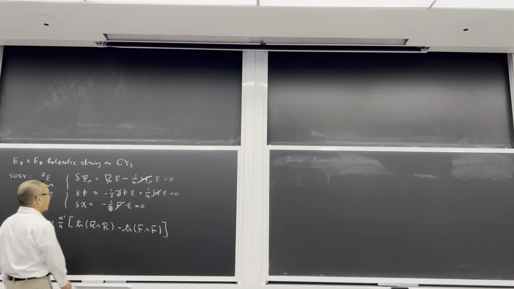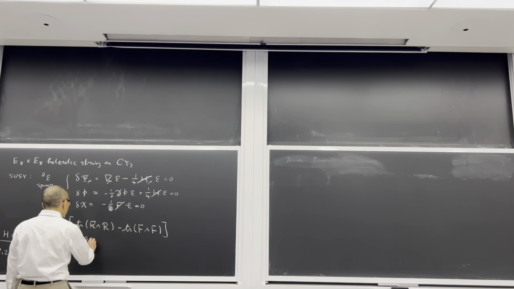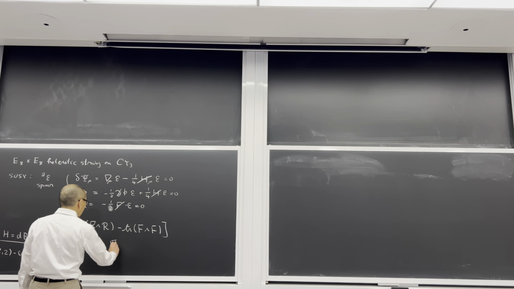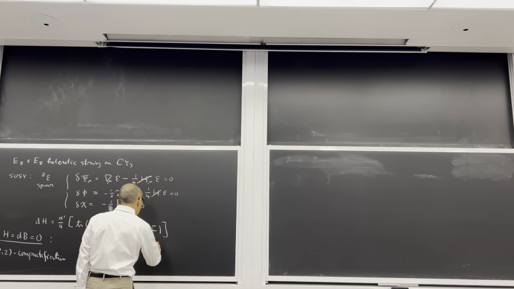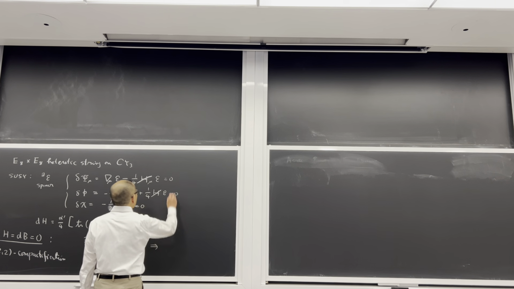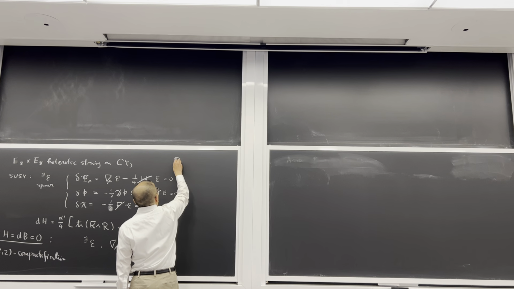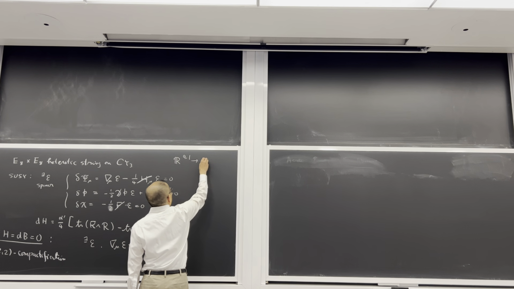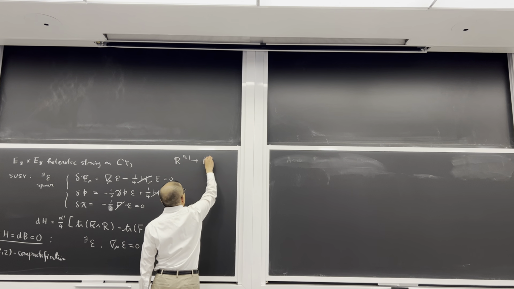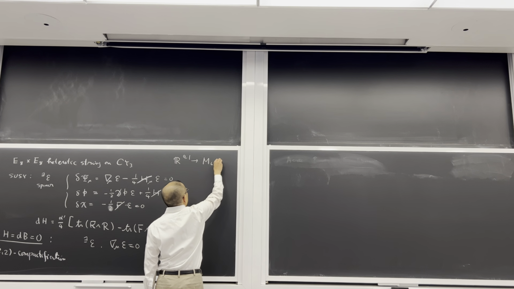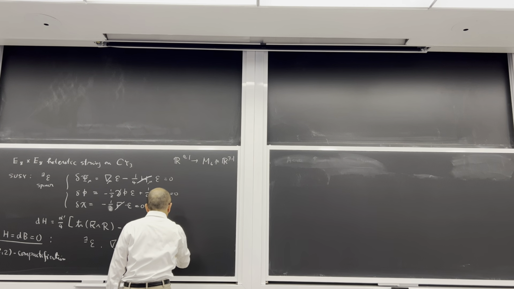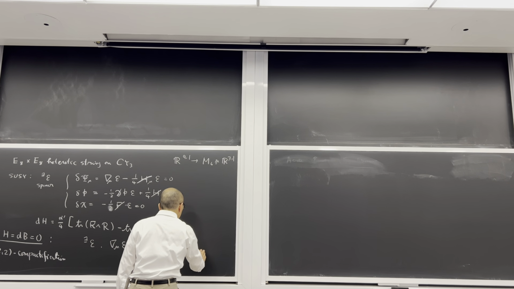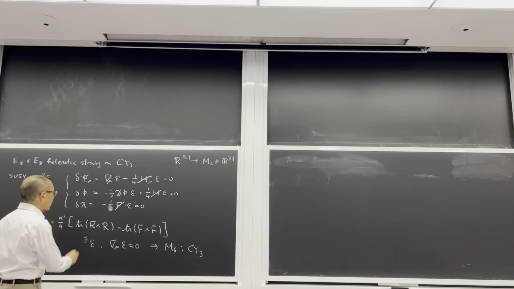If you require H equals 0, then it means that there is some epsilon so that del mu of epsilon is equal to 0. And as we discussed earlier in this lecture, this leads naturally to the condition that if the 10 dimensions are compactified to some 6-dimensional manifold times flat Minkowski space, then M6 is a Calabi-Yau manifold. Okay, so this is one condition.